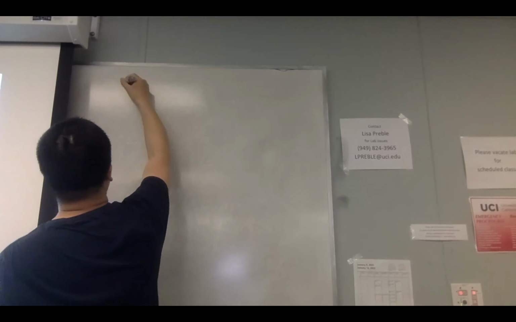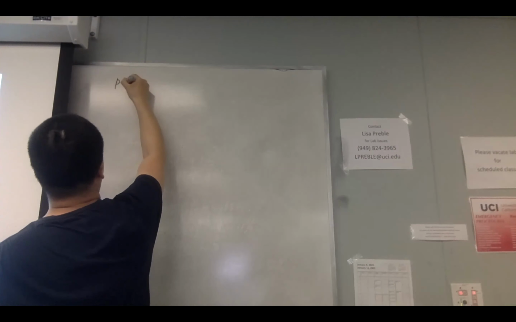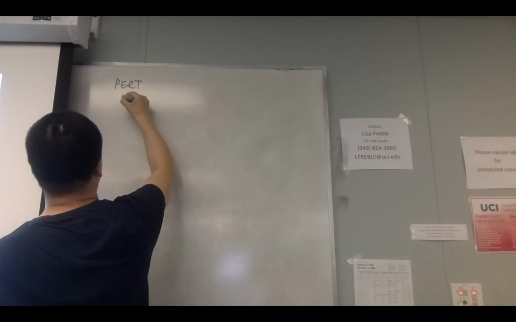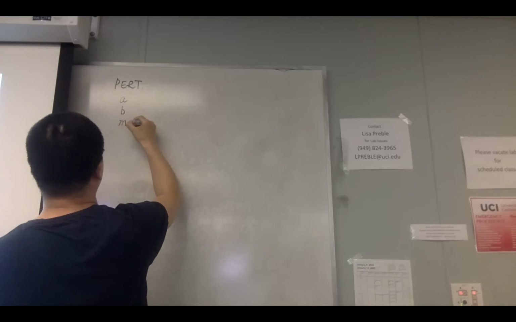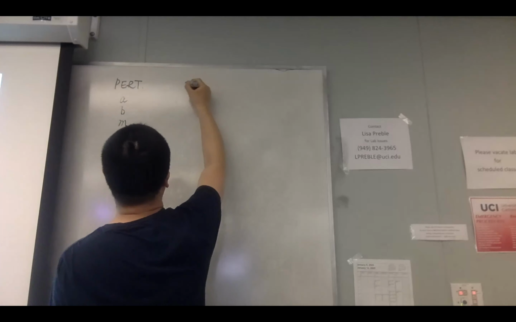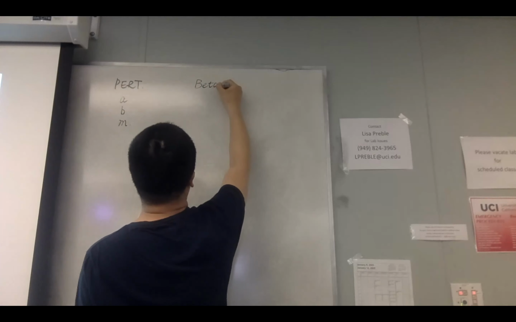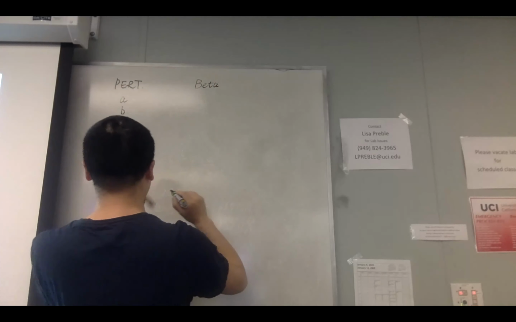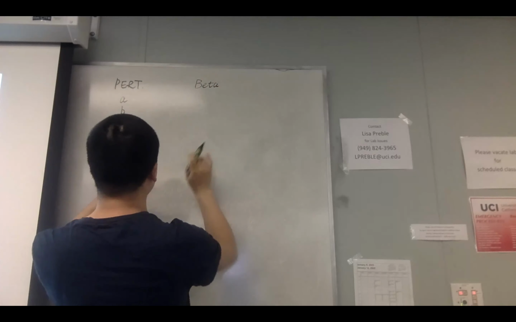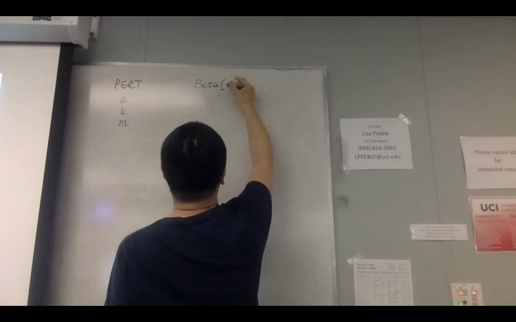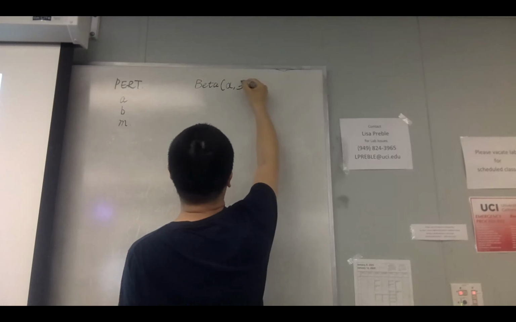Okay, so first, from the PERT approximation, we know that we need three parameters, right? That's A, B, and M. And we also learned that the exact distribution behind it is a beta distribution. So how are these related? Recall that the beta distribution has two shape parameters.